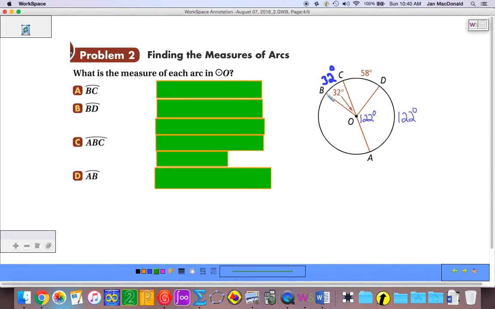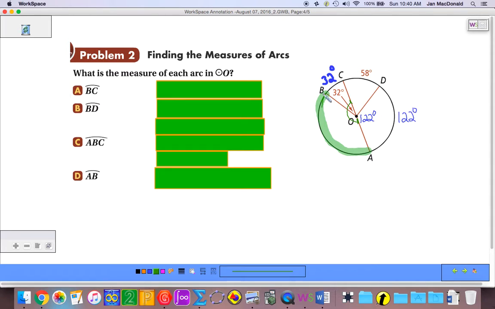Well, what would be the measure of arc BA? Again, arc BA would have the same measure as central angle BOA. And you can clearly see here that these two angles form a linear pair. They're two angles that form a line and add up to 180 degrees.